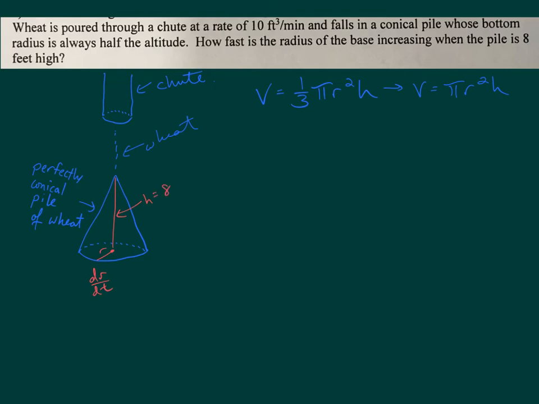So there are a few things we know: if the height is 8, then the radius is 4. And we know that because it says up here the radius is always half the altitude. So the radius is 4 because that's half of 8, aka the altitude, aka the height. That also gives us the equation that the radius is 1/2 the height.